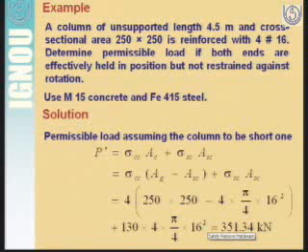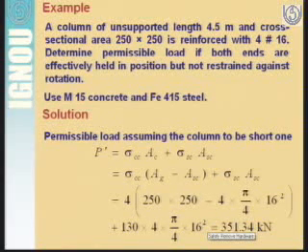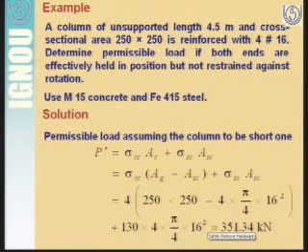Now let's take one example of column design. The example problem says that a column of unsupported length 4.5 meter and cross-sectional area 250 by 250, means a square column, is reinforced with 4 bars of 16 mm diameter. Okay, so this is longitudinal reinforcement.